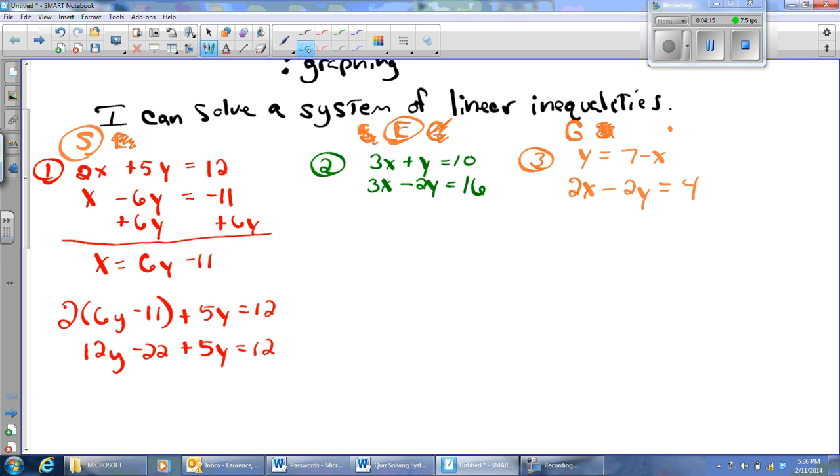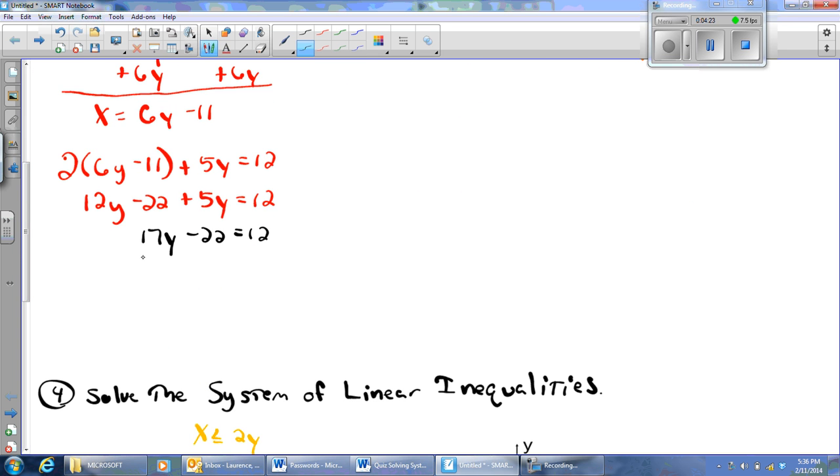I'm going to combine my like terms and get 17y minus 22 equals 12. Take the 22 to the other side by adding, and I'll get 17y equals 34. Divide by 17 to get y, and y is going to equal 2.